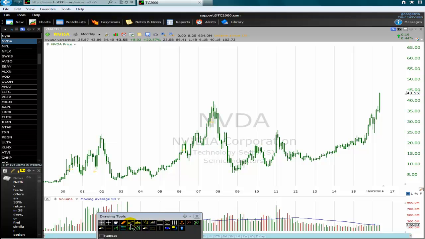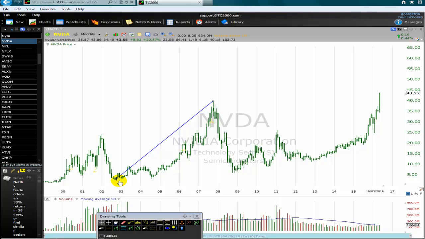Looking at my left-hand side, we can all agree that this NVIDIA stock, a technology stock, was in a trending phase somewhere between 2003 and 2007. By the end of 2007, that bullish trend had ended. Will you agree? So it was trending, yes or no?